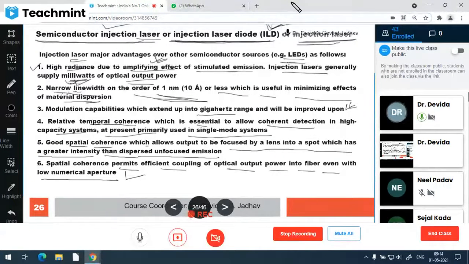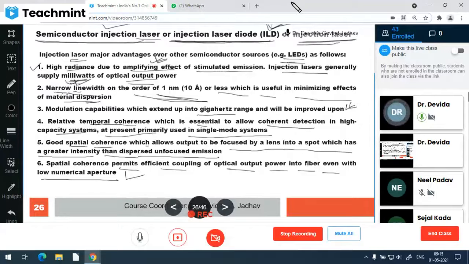Modulation capabilities are also very high, may extend up to gigahertz, and relative temporal coherence is observed, which essentially allows coherent detection in high capacity systems, used presently in the single mode systems. So temporal coherence allows the coherent detection.